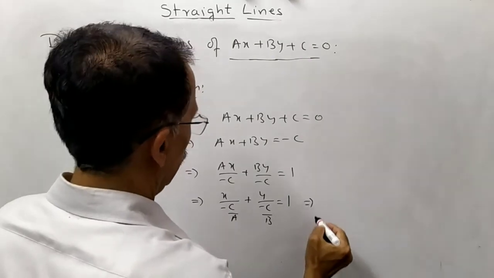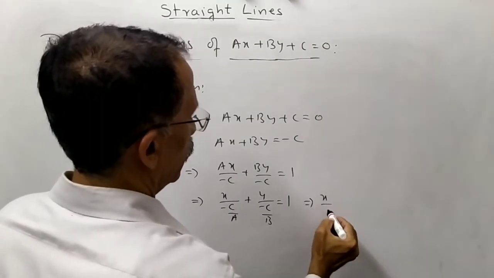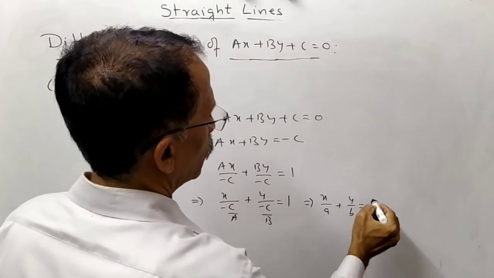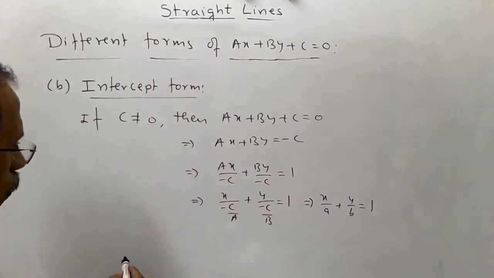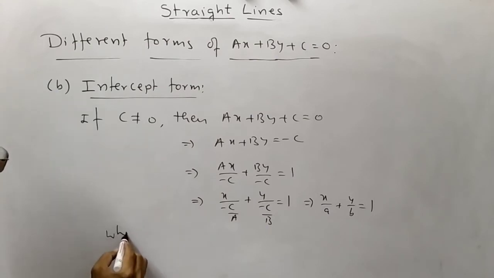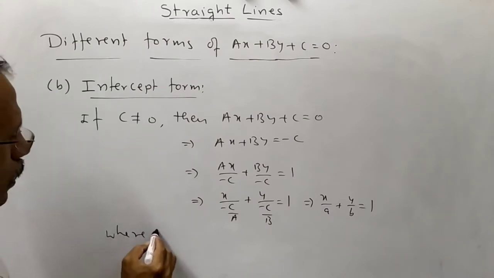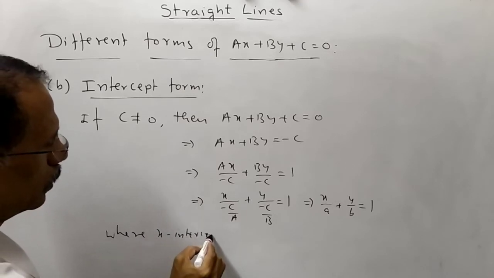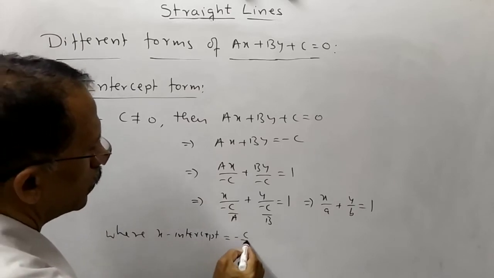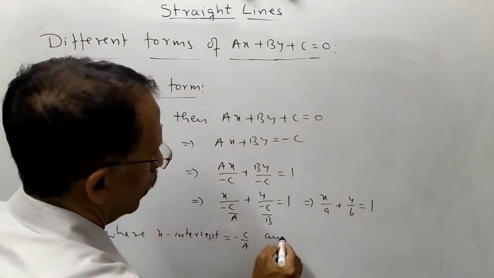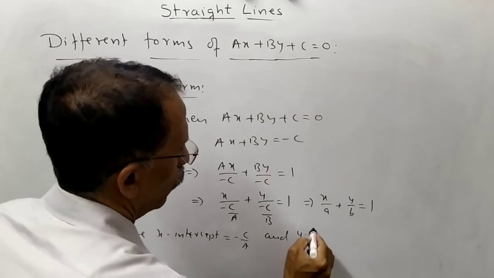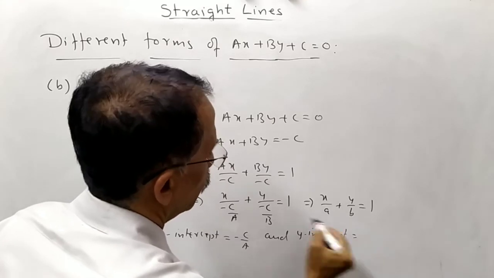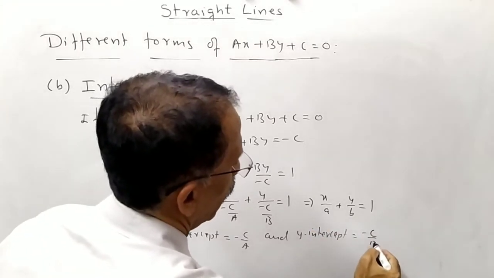This implies x by a plus y by b is equal to 1, where x intercept is equal to minus c by a and y intercept is equal to minus c by b.